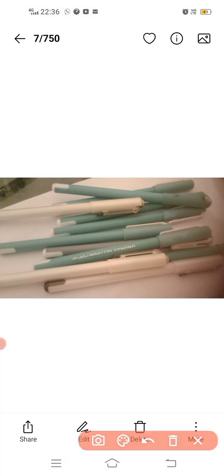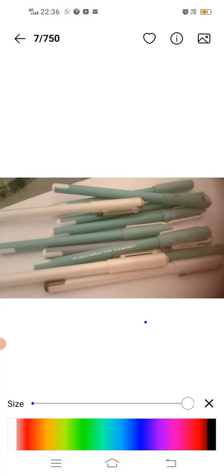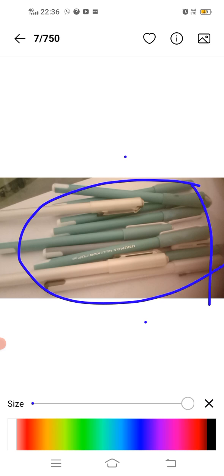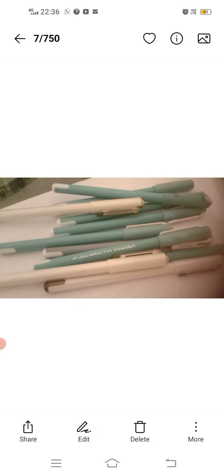So here you can see how the molecules are packed. Here also, you're going to imagine that these pens are the molecules. You can observe how they are packed.